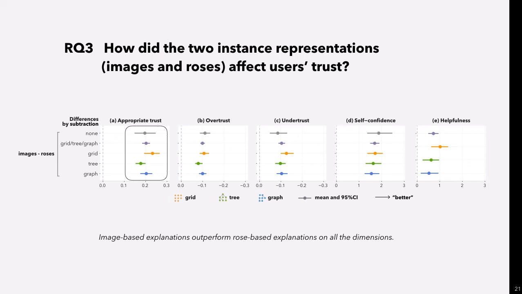So, in other words, the image-based explanations improved appropriate trust more, decreased overtrust and undertrust more, and they also improved self-confidence more, and the participants thought that image-based explanations are more helpful than the rows-based explanations.